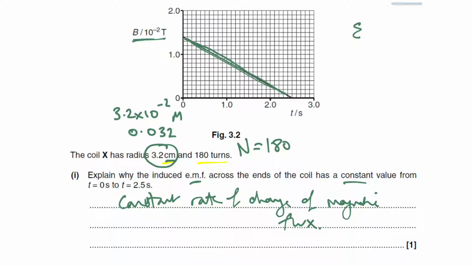Well, for B, we're looking for the difference, the rate of change, or so the amount of change. So we've got 1.4 just here, take away 0, so our value for B will be 1.4, and again, don't forget to look at the units, times 10 to the minus 2. Now earlier we saw about the radius, and we mentioned we need to convert it into 0.32.